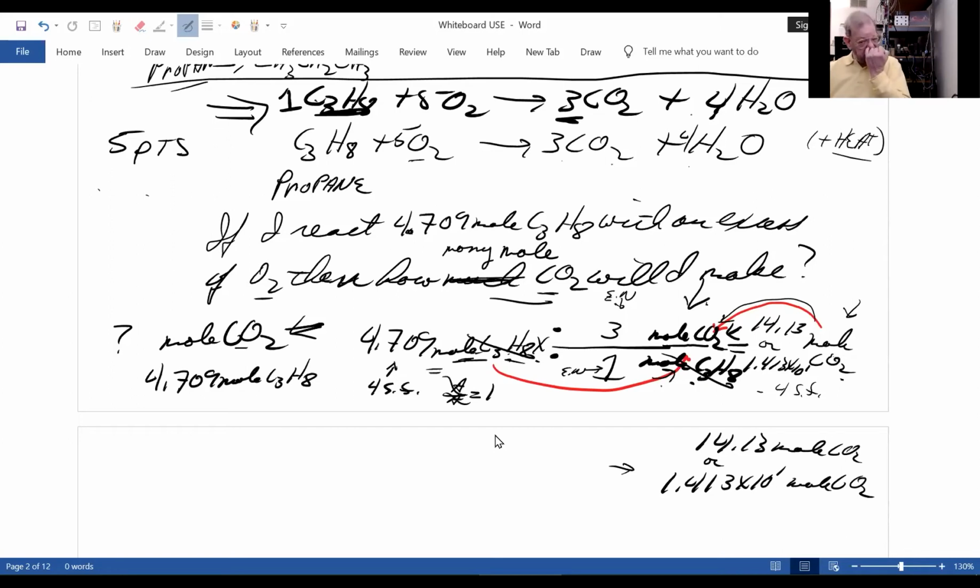And that tells you, once you put in the numbers, what you get from 1 mole of propane and 3 moles of CO2. And that's how you know what to multiply and divide, because this will cancel out and this will leave me with the right units.